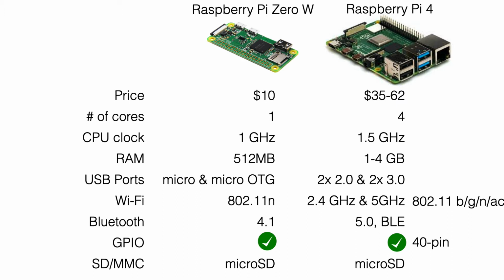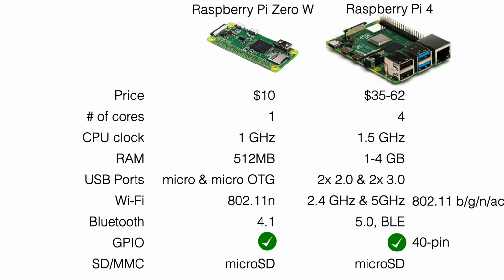They both support Wi-Fi. While the Zero only supports version N, the Pi 4 supports both the 2.4 gigahertz as well as the 5 gigahertz and multiple bands as well, B, G, N, and AC. From a Bluetooth standpoint, the Zero supports 4.1, while the Pi 4 supports 5.0 and Bluetooth LE or low energy.